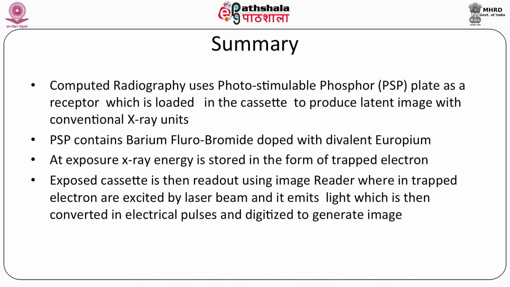The PSP, photostimulable phosphor plate, contains barium fluorobromide activated with europium. So when an exposure is made, the data is stored in the form of trapped electrons in the F center. When the cassette is exposed, it is read out using an image reader, wherein trapped electrons are excited by a laser beam, and light is emitted, which is then converted into an electrical signal by using CCD or TFT.